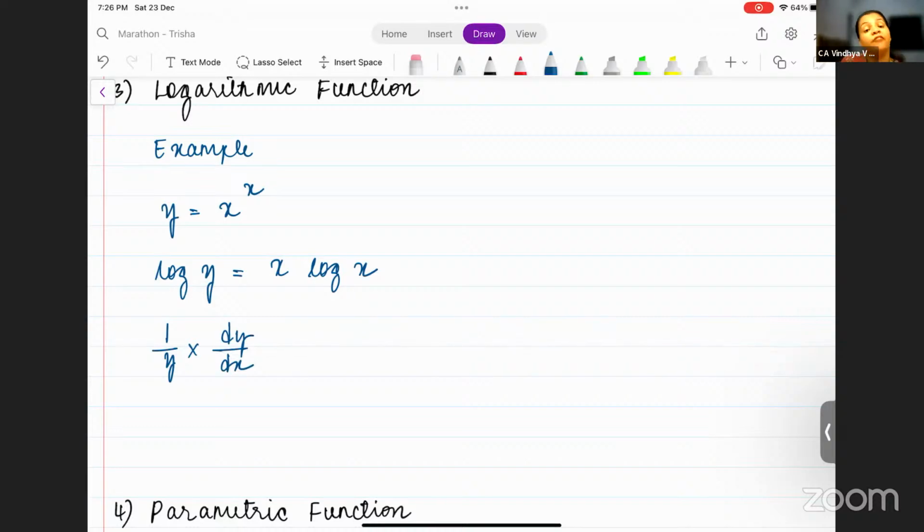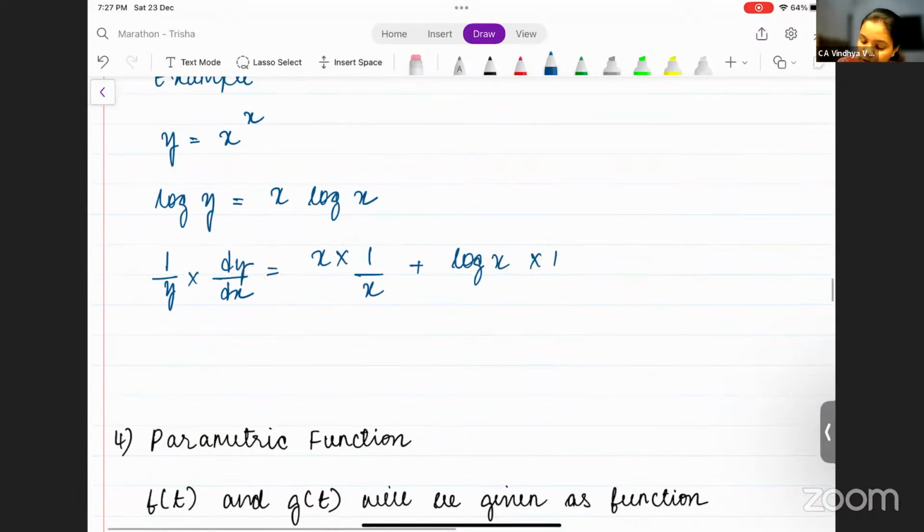Because instead of x, we are differentiating y. Here you have to apply the product rule, which means first term into derivative of second term plus second term into derivative of first term. Right. So what do you get here?